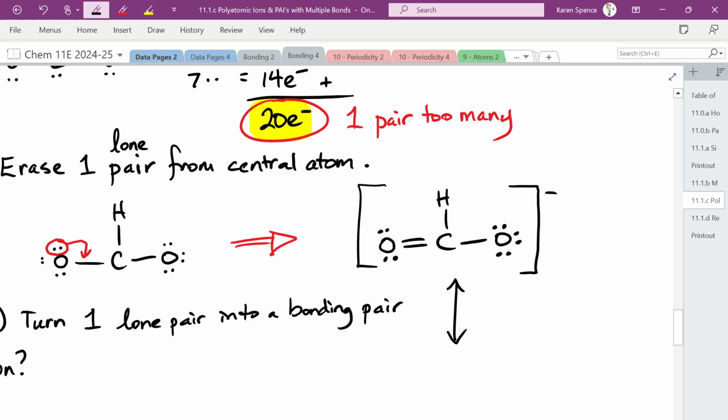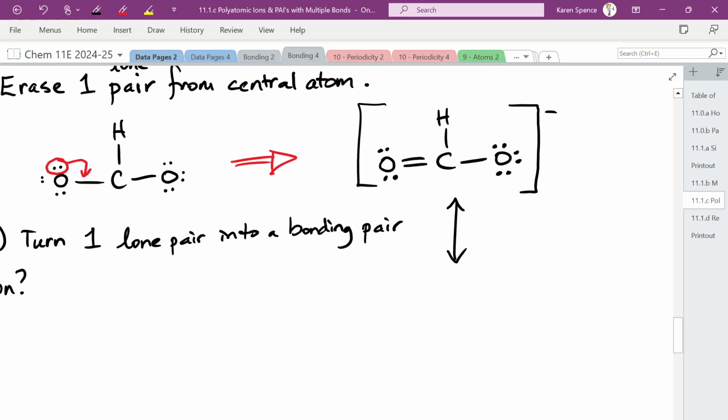So this can actually go back and forth between this structure. Anyone want to guess what the other structure is going to look like? It's going to look like the first one, except I'm going to move the double bond.